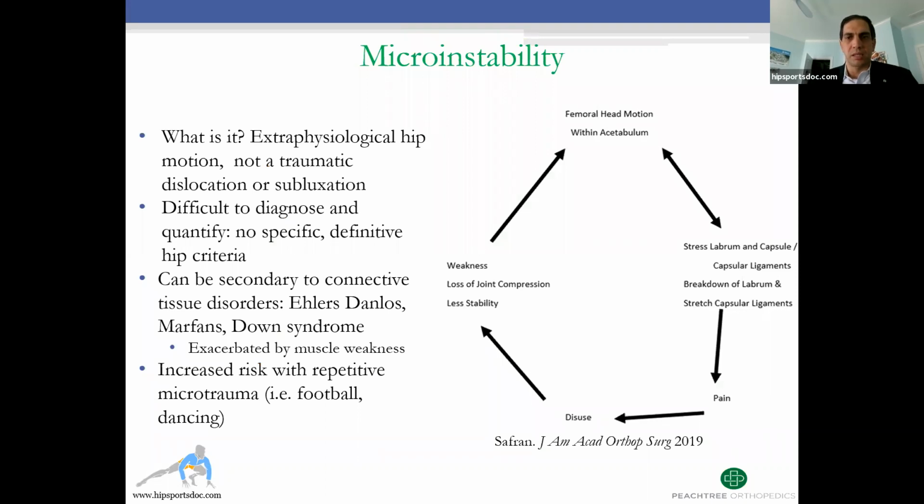So microinstability, it's this circle of injury or abnormal motion that contributes to it. It is difficult to diagnose and quantify.